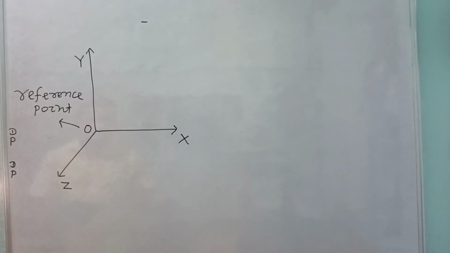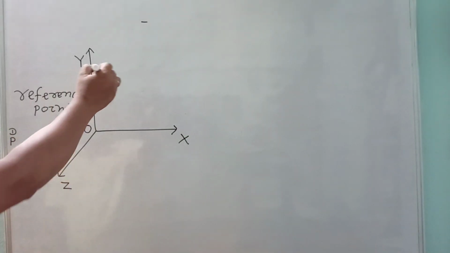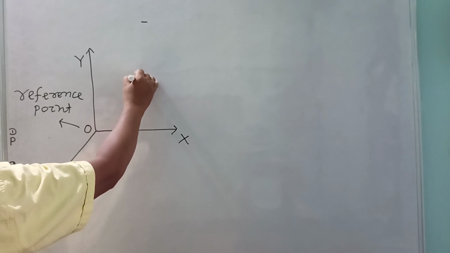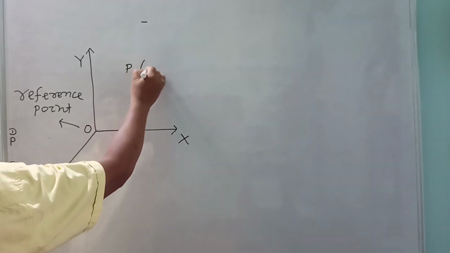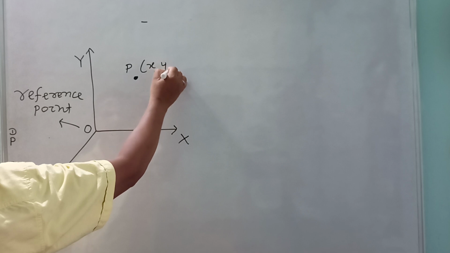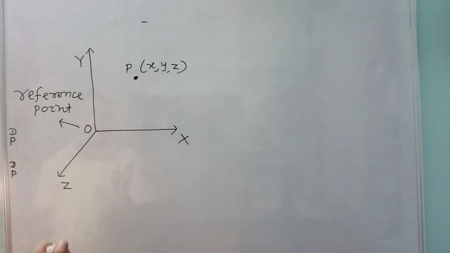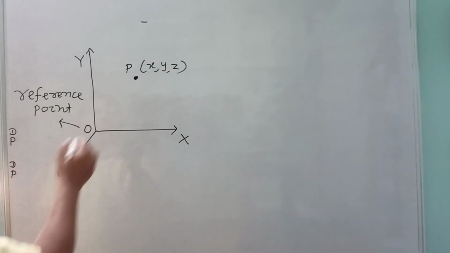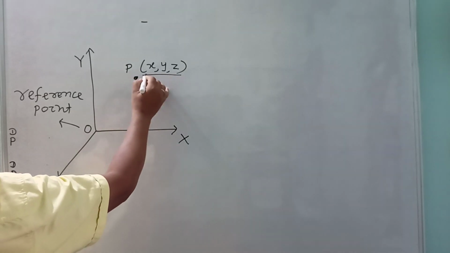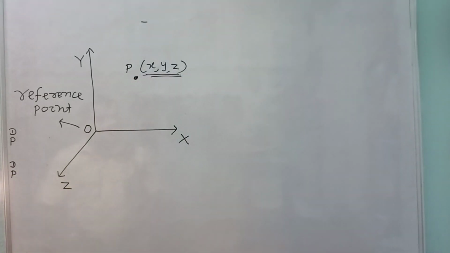Okay, students, origin is the reference point, and the coordinates x, y, z of an object describe its position. Suppose I take, here is the point. Suppose it's P and x, y, z. I mean the position of an object is described by this x, y, z.